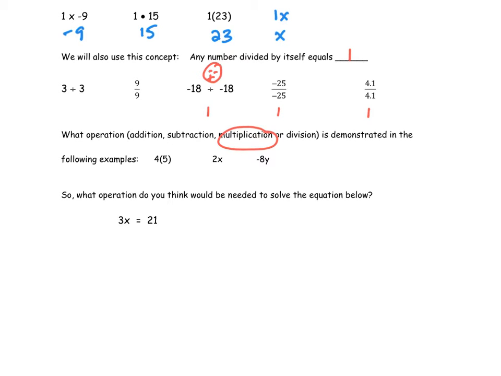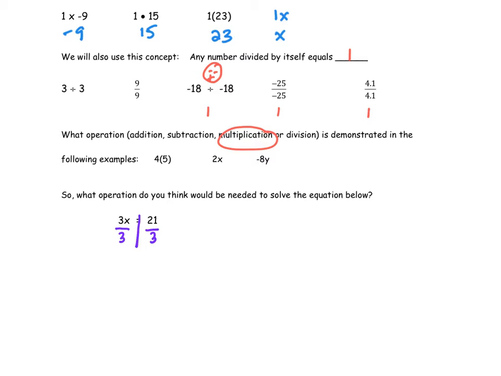So when we solve, we use the opposite. So we would build the wall. I want to undo multiplication, and I do that by dividing. And we're going to show our division as a fraction bar. I want the 3 to go away. This is 3 times x, so I'm going to divide by 3. And I have to do it on both sides, just like when we solved using addition and subtraction.